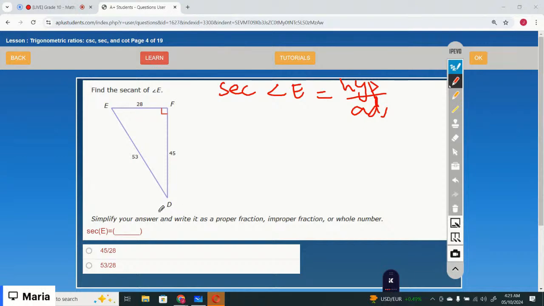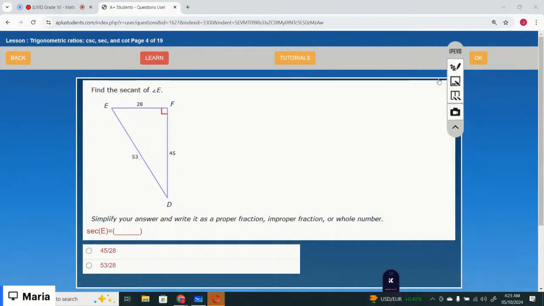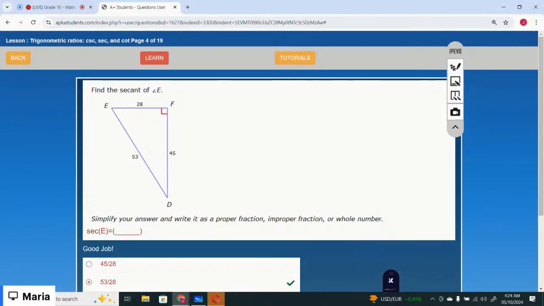That is 53 over 28. The correct option is option number 2, that is 53 over 28.